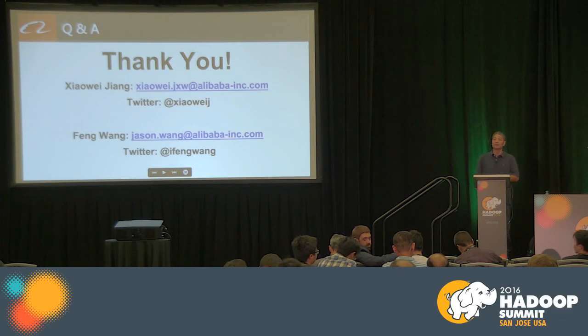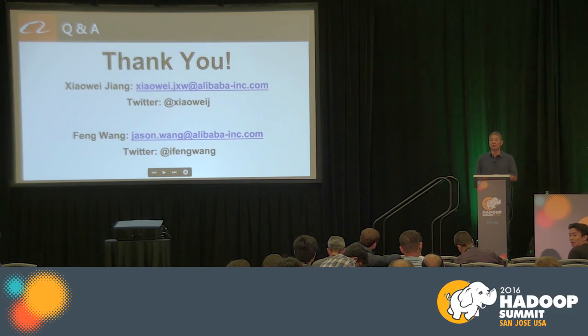I understand the Alibaba team is already using other technologies such as Spark and JStorm. How do you compare? What's the relationship between your project and those other efforts? That's a very good question. Alibaba is a big company, and we evaluate and use different technologies.